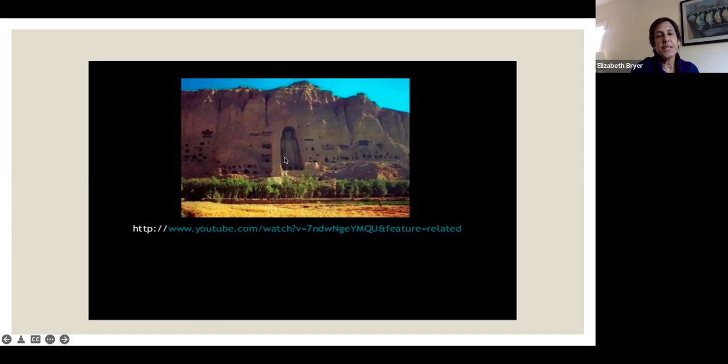They're in these cliffs in Afghanistan, and they were very treasured and famous in the art history world, particularly in the world of Buddhist art. Unfortunately, in 2001, when the Taliban took over Afghanistan, they blew them up. They destroyed them. It was an ironic moment because Buddhism is such a peaceful religion.